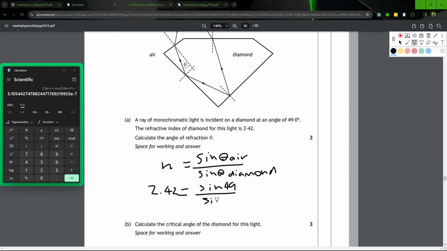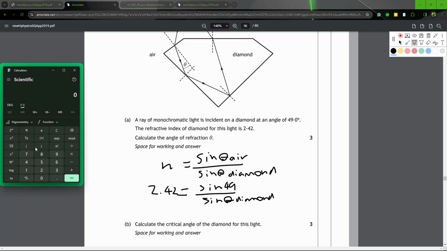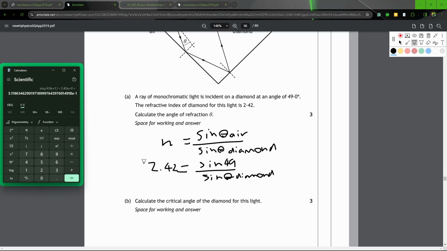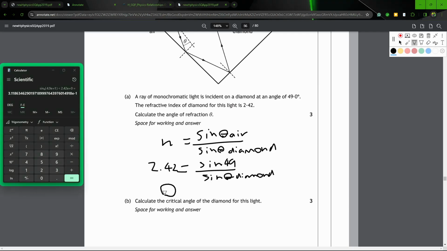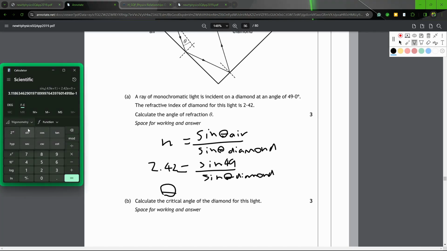So sine theta diamond is what we're looking for. We just need to swap these two numbers around, and then we can go sine 49 divided by 2.42. We get this number, which equals sine theta diamond, but we want the angle, so I'm going to inverse sine that.